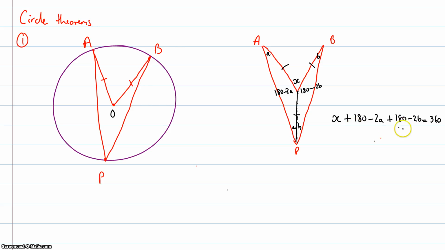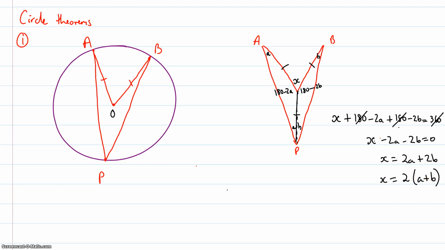Those two add up to 360, so those two will disappear, or when I say disappear, it will be replaced by 0. So I'll have X minus 2A minus 2B equals 0. So I get X equals 2A plus 2B. I'm going to write that as X equals 2 times A plus B.